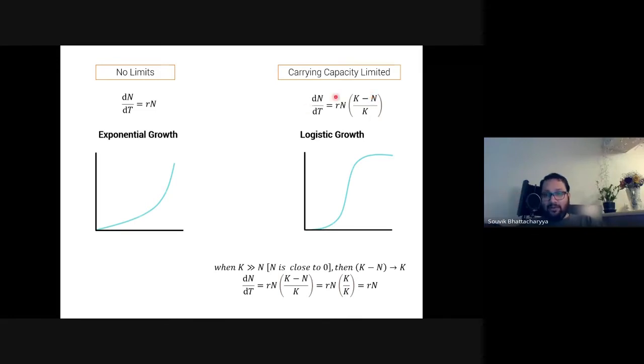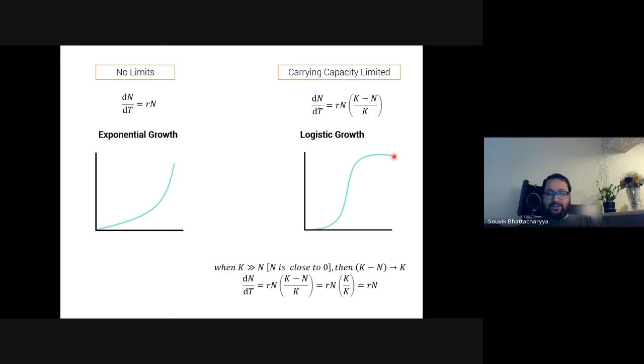So the number of organisms that was increasing over time will decrease because the carrying capacity is being approached. That's why you'll find a sigmoidal or S-shaped curve, where after a while the population is reaching a limit.